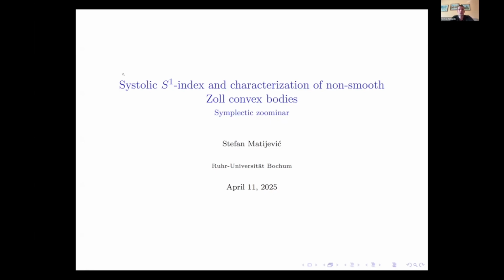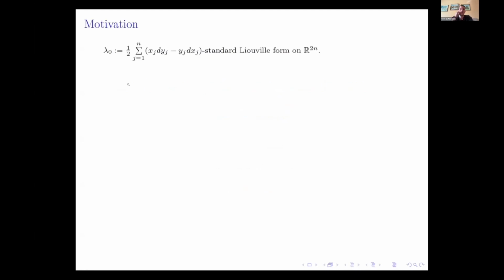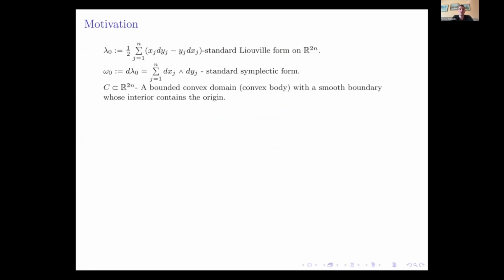So we start by taking the standard Liouville form on R^2N and the standard symplectic form. For now, we consider a bounded convex domain or convex body C with a smooth boundary, and we also ask that the origin is contained in its interior. In this case, the radial vector field is transverse everywhere on the boundary.